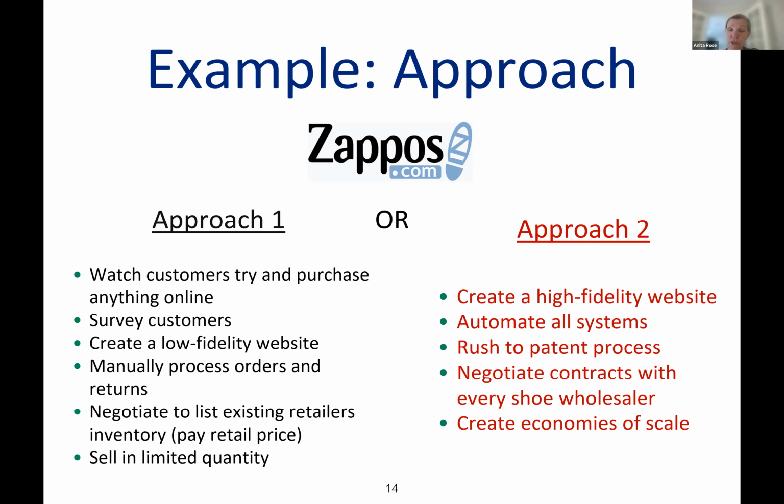And if it was returned and it didn't fit for whatever reason, they would take it back to the shoe store, return it, and get the proper size or a different shoe for that customer. It turned out that there was a demand for this. So they validated their customer discovery there. And then, of course, the rest is history. But we want to stay away from setting everything all up ready to go. Just try it and see if it works.